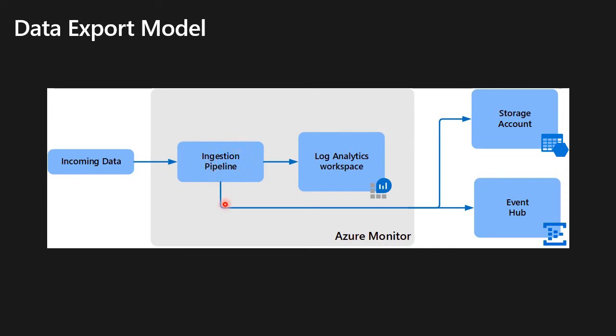Because we're having the near real-time feature of it, it'll not only push to our Log Analytics workspace that allows us to do the visualizations, the workbooks, that kind of thing, but it'll also push out to Event Hub and the storage account. So you can see this actually, it's not going through Workspace and then going through Event Hub. It's actually sort of twofold here, going to Event Hub and storage account as well.